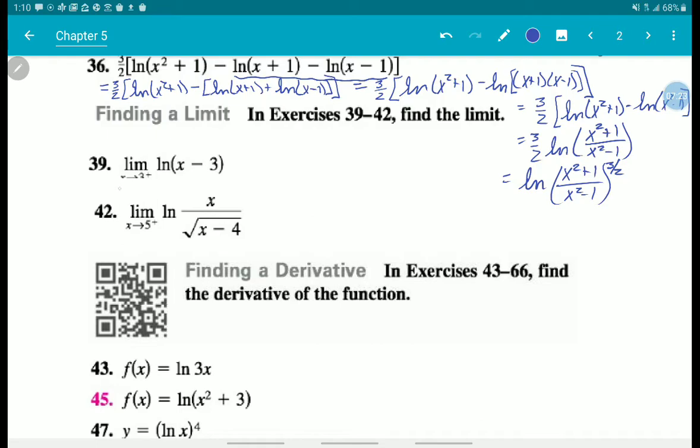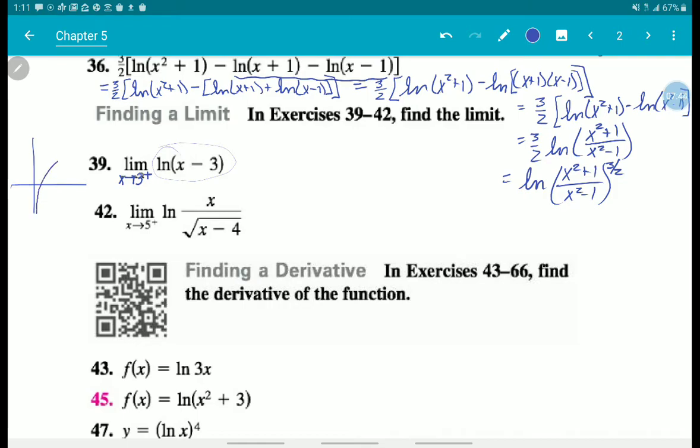We want to find the limit as x approaches 3 from the right. So this accidentally got cut off here. So find the limit as x approaches 3 from the right of the ln of x minus 3. We could graph this on the calculator, and what we're going to see is that this is a transformation of the ln of x.